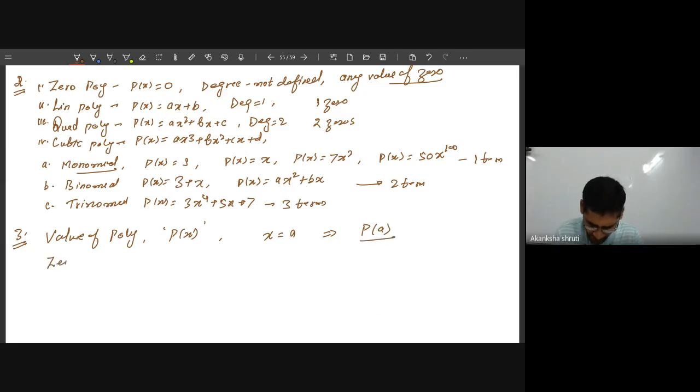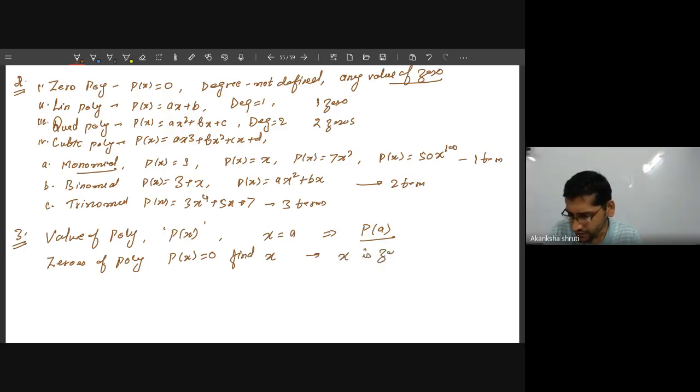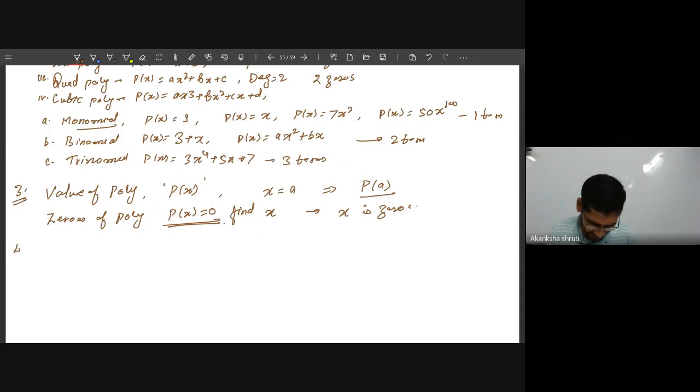Then there were zeros of a polynomial. For zeros of a polynomial you have to equate this p(x) to 0, then you have to find x. So this x is the zero, whatever x we can calculate by equating this to 0, that is called the zero.